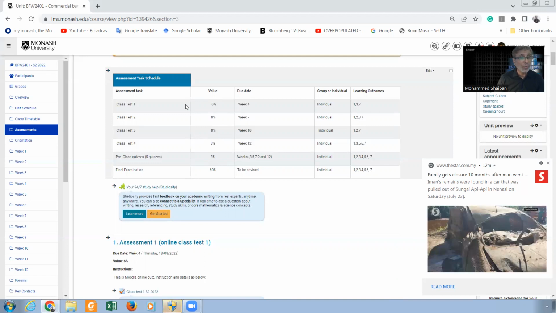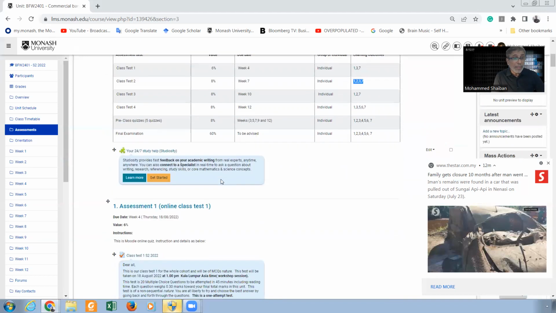Somebody will say, well, I need to see how those are connected to the learning objectives. We will have it in week 4, and it's an individual multiple choice question test, and it will cover some of the rest, which is actually coming under learning outcomes 1, 3, and 7. If you want to see class test 2, you will see it covers learning outcomes 1, 2, 3, and 7, which I mentioned with the learning objectives of this unit.